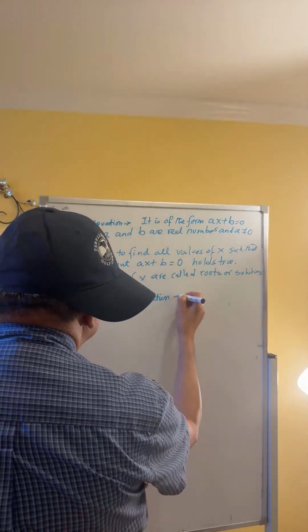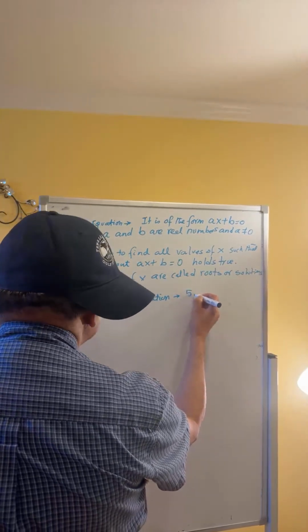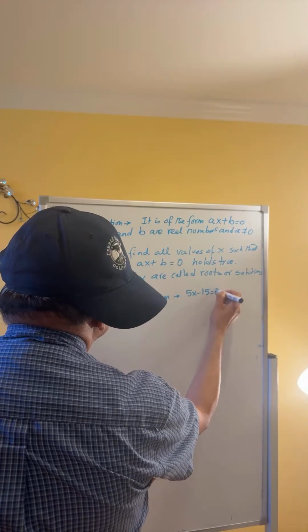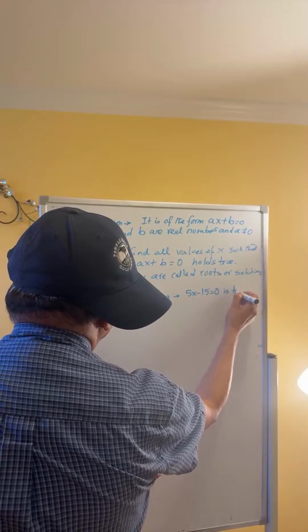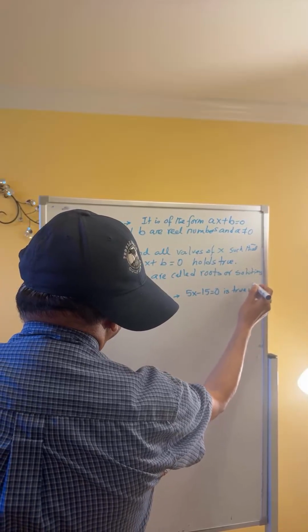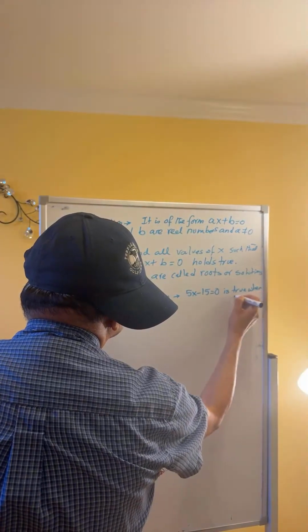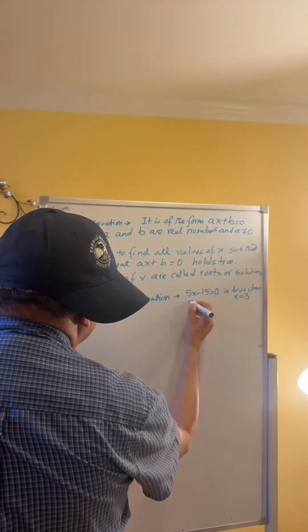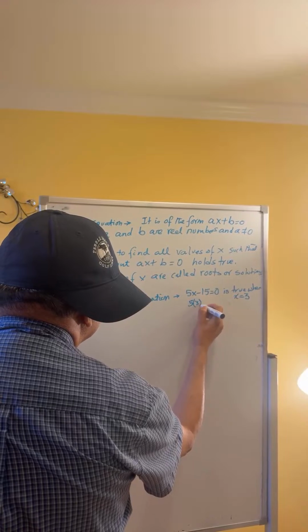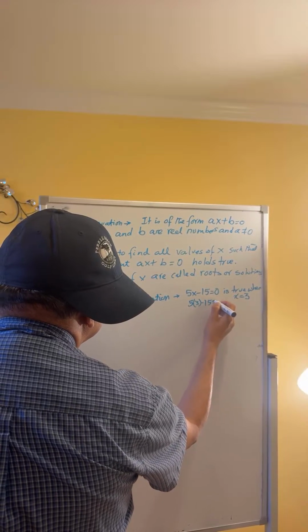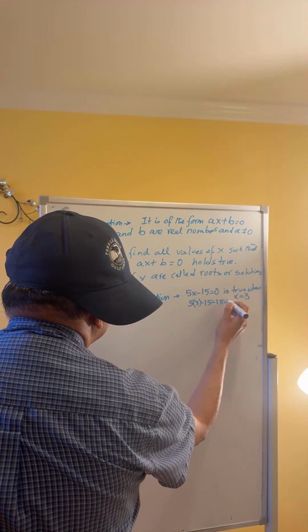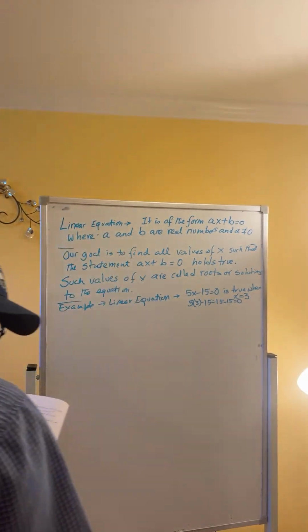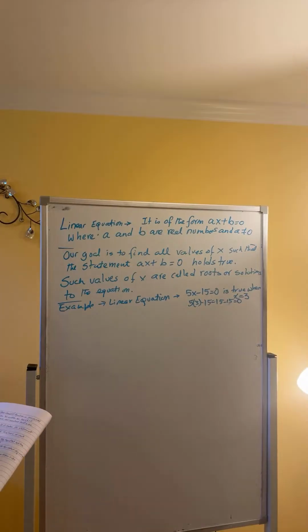So the linear equation 5x minus 15 equal to 0 is true when x equal to 3. Why? Because 5 times 3 minus 15 is equal to 15 minus 15, which is equal to 0.